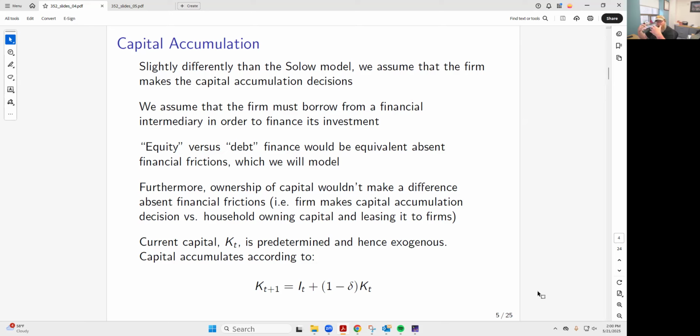And so we're going to make some assumptions about capital accumulation that end up being really important for the model as a whole. Basically, we're going to assume that the firm finances capital through paying of interest, essentially paying debt. Now, in the real world, there are multiple ways for firms to finance capital investment.